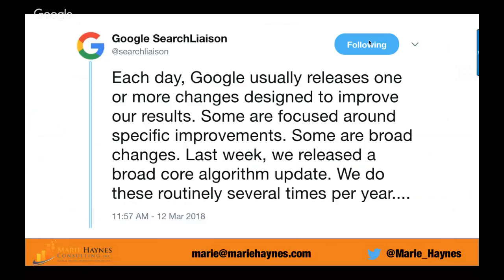And so they confirmed that at the time of this tweet, there had just been an update that Google actually confirmed was a core algorithm update. And these are important to pay attention to. It's rare these days that Google actually comes out and says, yes, we did an update.